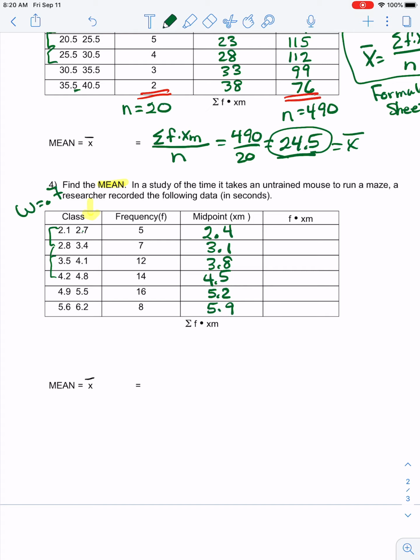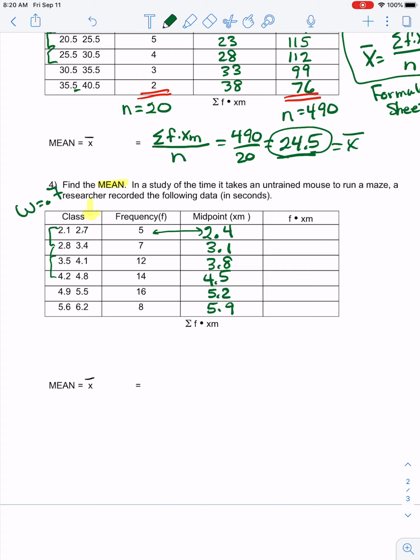Then you're going to multiply across, frequency times midpoint, and fill in that last column. Guess who didn't fill their column before they started their notes?